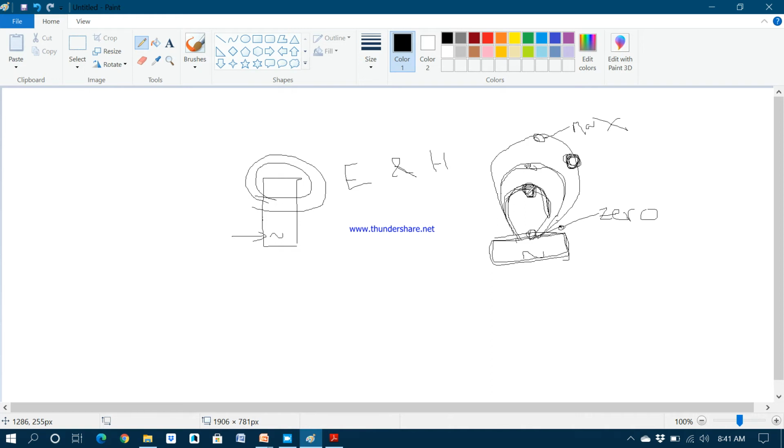With reference to this point, the field strength is the difference between the two voltages, here is some voltage, here is also some voltage, divided by the distance between them. That is the distance I am writing here.